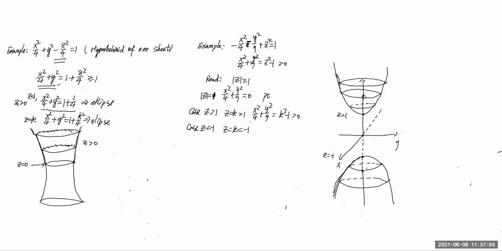If you check the picture in the textbook, there's a table, right? They're the same. Okay. So this is for hyperboloid of two sheets. I think that's all the pictures I showed for you today.